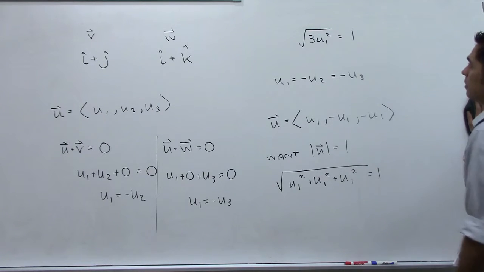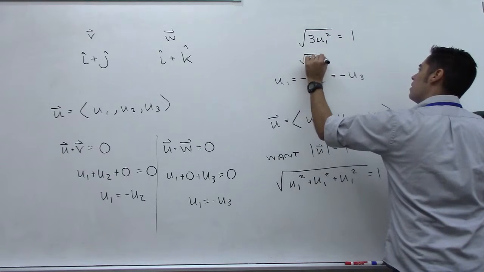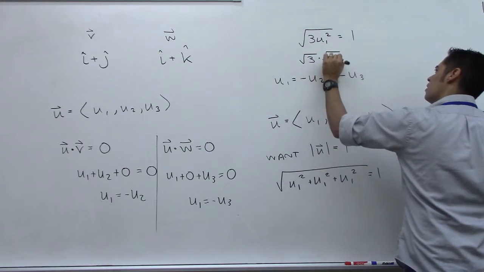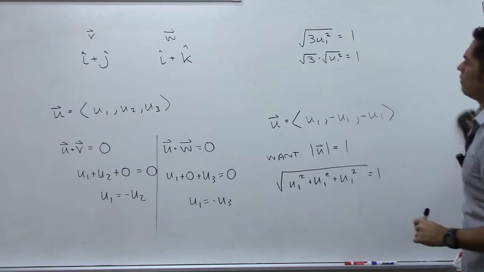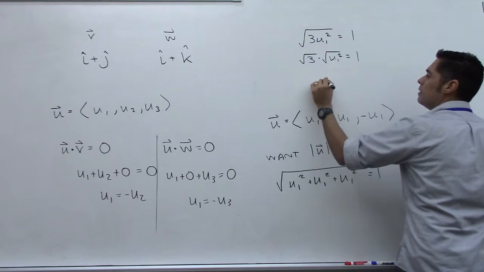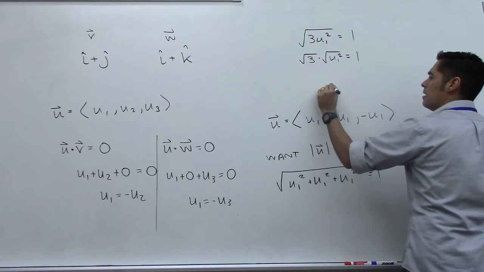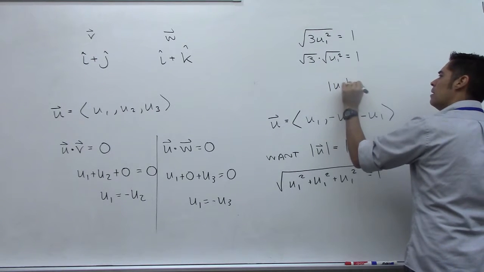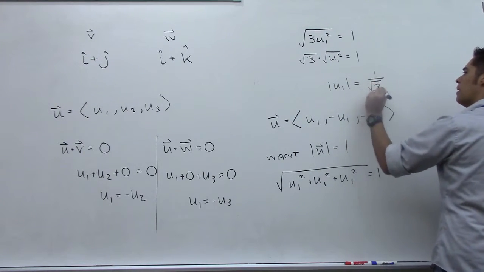Just add them together. And this means root 3 times root u1 squared must be 1. Right? And this means that the absolute value of u1 must be equal to, I just divide by root 3, 1 over root 3.